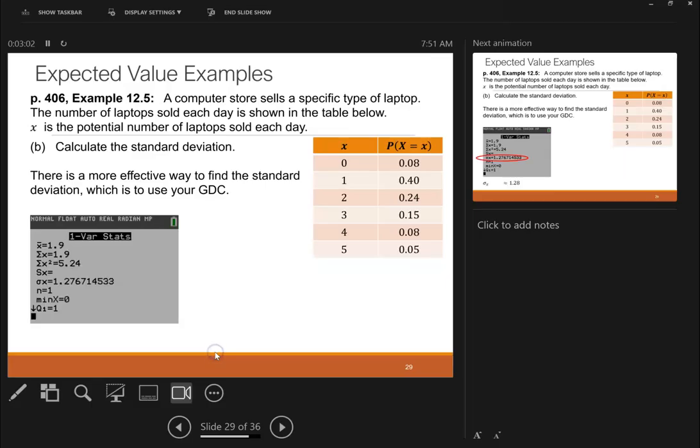If you input that, the calculator is going to output the mean as your expectation and the standard deviation as your standard deviation. So as long as you're using the probabilities as your frequency list, the calculator can do the expectation and the standard deviation for you. You just have to remember to use the probabilities as the frequency list. Okay?